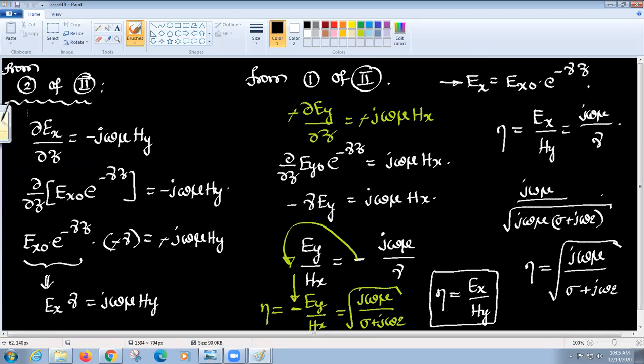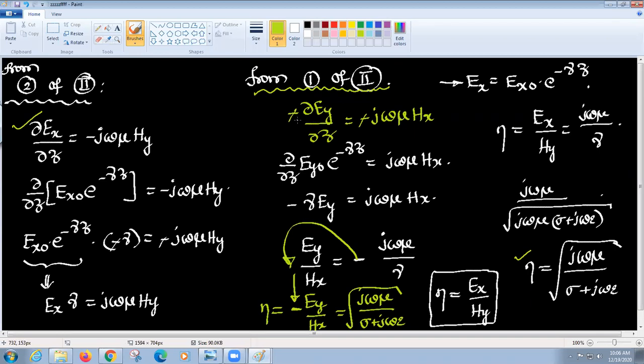So we have this equation, and from this equation we solved it and obtained this. Or you can take Maxwell's equation 1 of 1 and solve it. Of course, we did all these things already. Now you take Maxwell's equation 1 of 2.